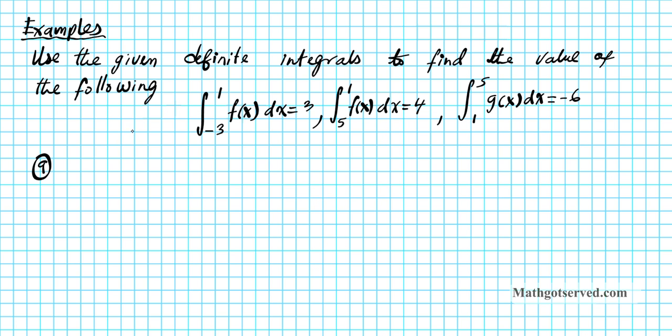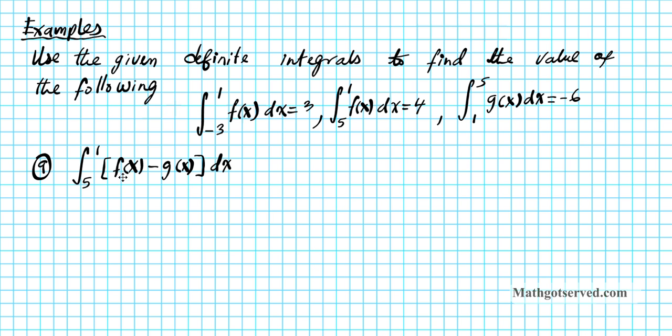Part A, we have to use this information to find the definite integral from 5 to 1 of f of x minus g of x dx. All right, so what rule are we going to apply here? We're going to be using the sum and difference rule. To be specific, we're going to be using the difference rule, okay?